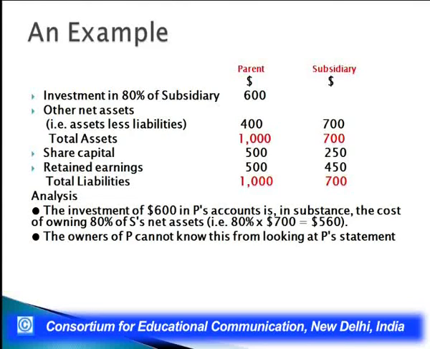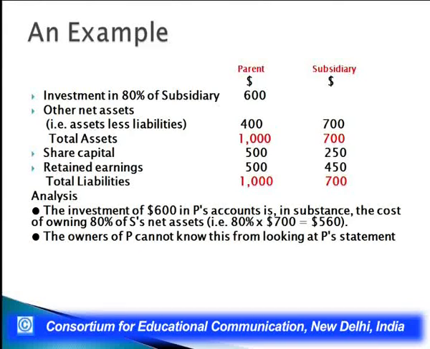So the first line says investment, 80% of subsidiary, so we are showing 600. Other net assets, that is assets less liabilities, are 400 for the parent company and 700 for the subsidiary company.